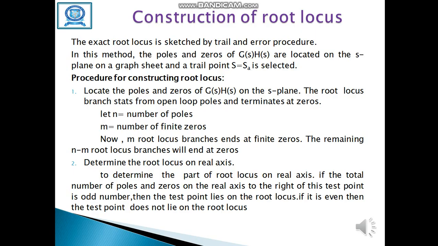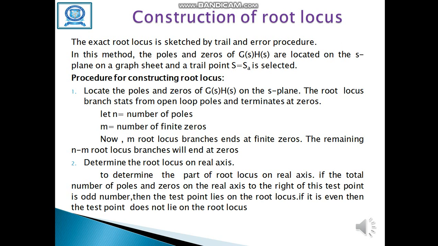Let n be the number of poles and m be the number of finite zeros. Now m root locus branches end at finite zeros. The remaining n minus m root locus branches will end at infinity. Second, determine the root locus on the real axis.